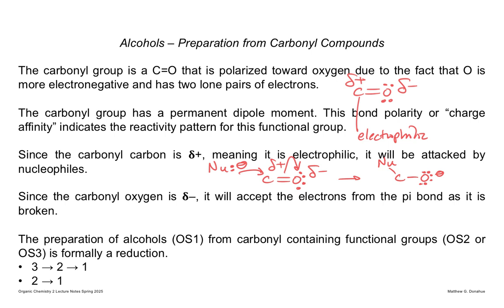So a couple things happen here. The oxidation state changes and the hybridization will change. So again, just be comfortable with all of those concepts because we're putting them all together now to understand how these reagents are affecting the carbon.